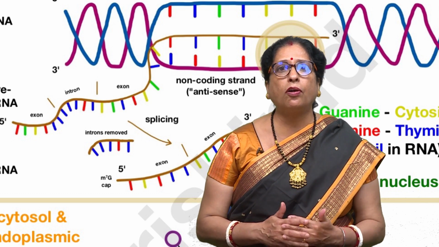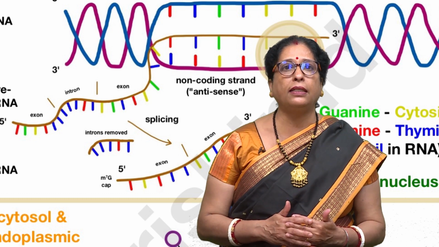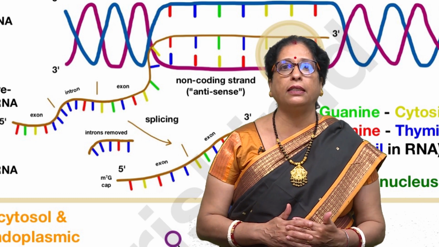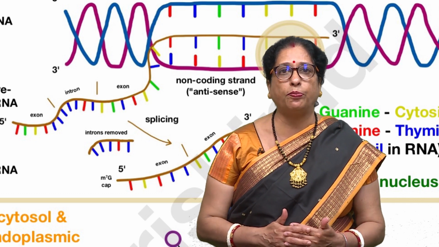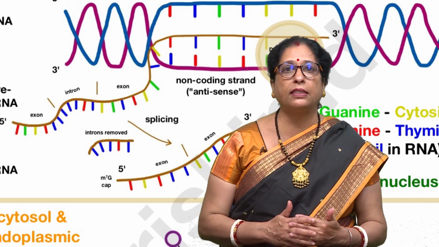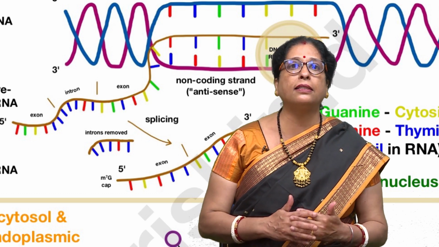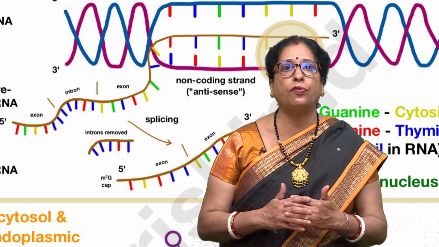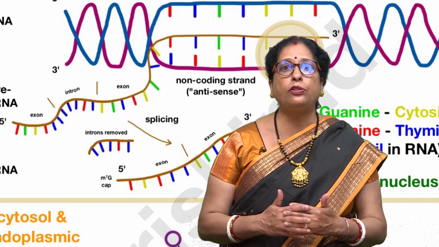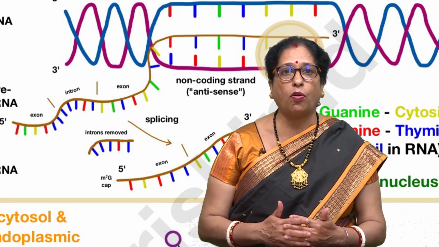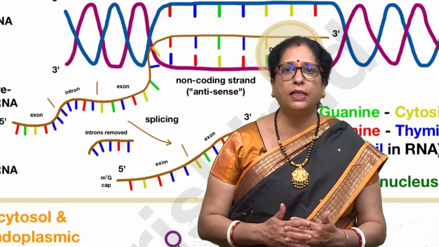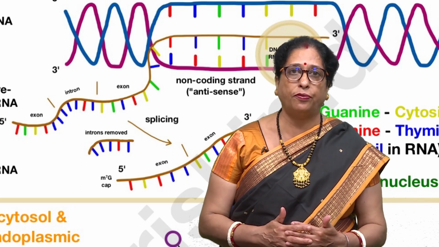The development of CRISPR-Cas9 and other gene editing technologies has allowed scientists to manipulate DNA sequences directly. This has significant implications for modifying genes to treat genetic diseases, enhance agricultural crops and even potentially create synthetic life forms.